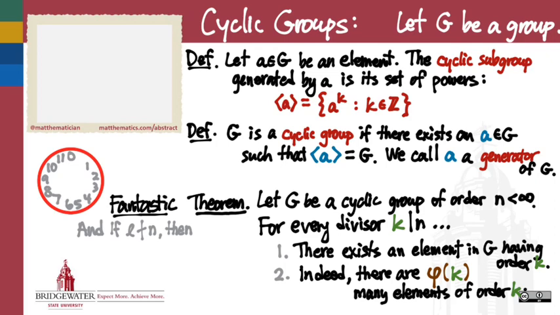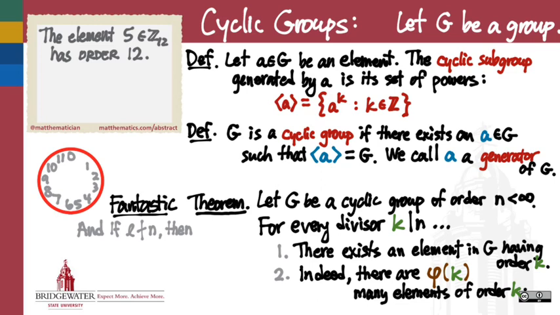So let me pick an element. So the element 5 in Z mod 12 has order. What is the order of the element 5? That's an answer to Caitlin's question. Right?